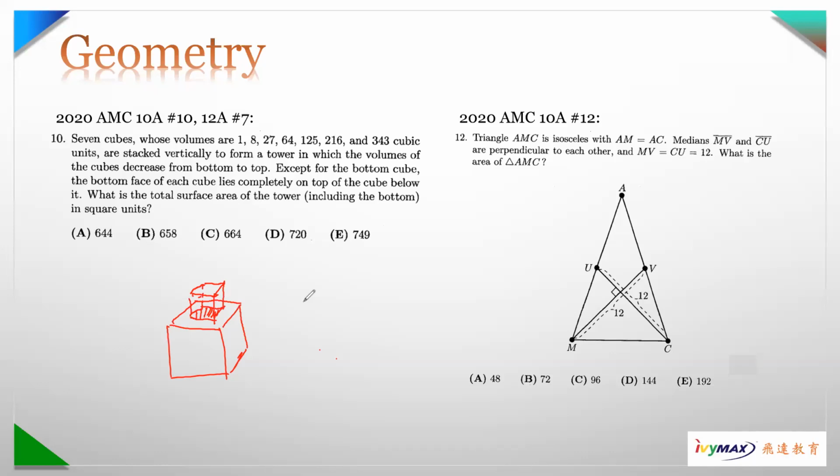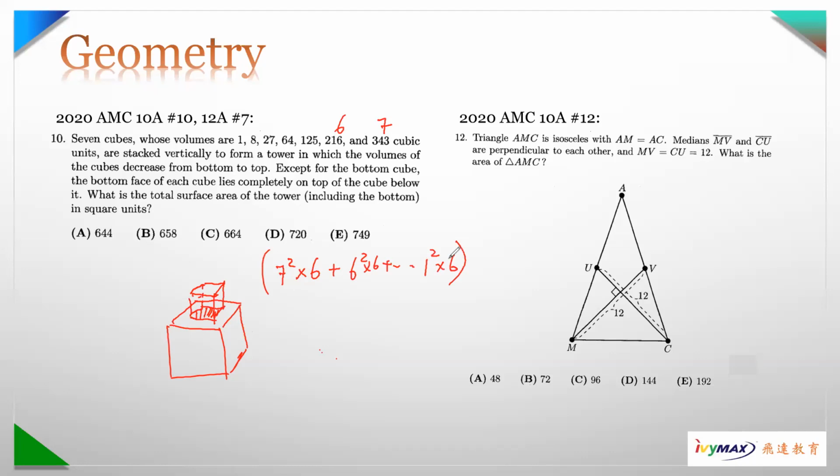So based on this understanding, if you write out the expressions, for the one on the bottom, since it has an edge of 7, there's 6 faces, so we find the surface area, and totally have 6 of them. So that will be the total surface area of the very bottom cube. Okay, just add all of them up. So 6 squared times 6 plus all the way to 1 squared times 6.